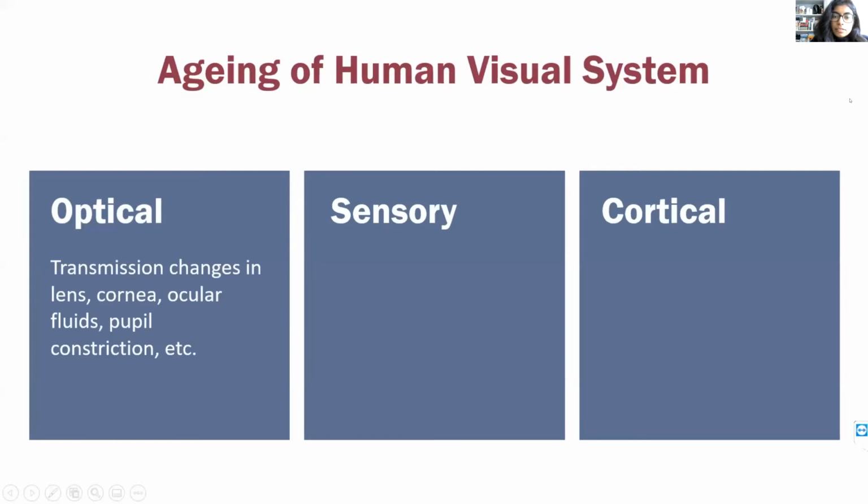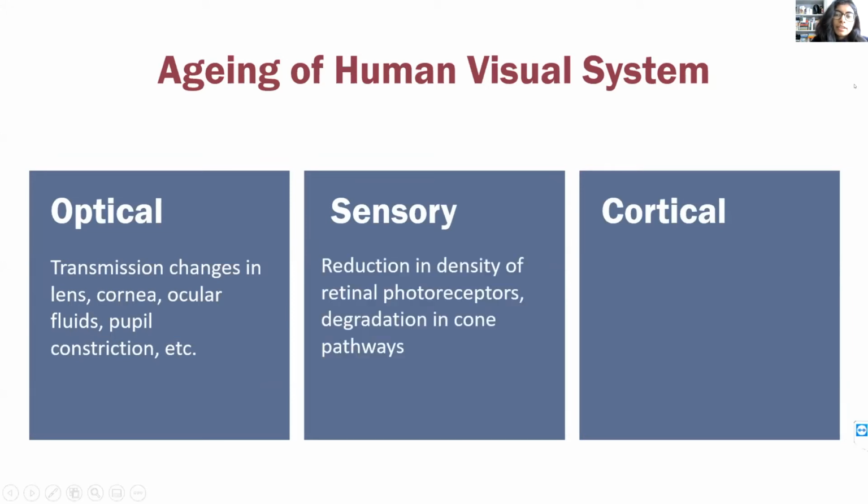Optical factors, or pre-retinal factors, might include all the media that the light passes through before reaching the retina. Sensory factors involve the changes in the retina as well as the pathways that convey information to the brain. And the cortical factors involve all the age-related changes that happen in the visual cortex itself.